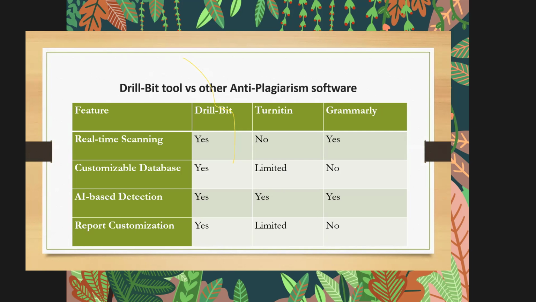Customizable databases: yes, you can customize the databases. AI-based detection: yes, it can detect AI like the others. Report customization: yes, it can customize the report. Do you need the report on similarity, plagiarism? Yes, it will give you one. Do you need the one on AI only? It will give you one. Do you need the one on Grammarly? Yes, it will give you one.